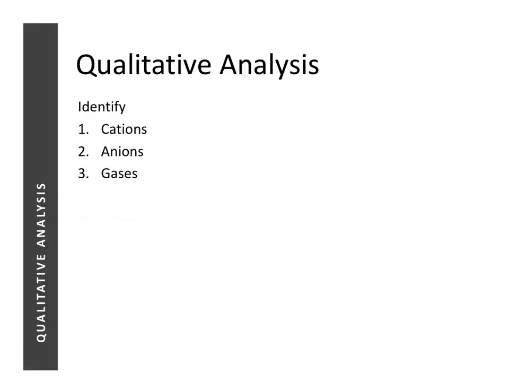So we're going to go in this order. In this lesson, we're going to learn the test for cations, and then in the next lesson, we're going to learn anions, and the subsequent lesson, the test for gases. If we have a solution that contains a certain cation, for example M+, in order to know what cation is present, there are two reagents that we can add.